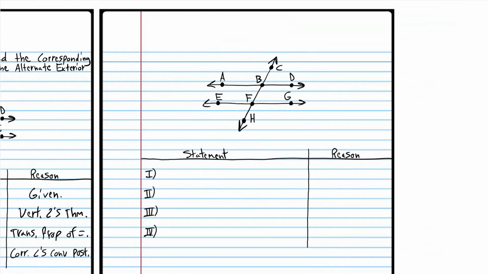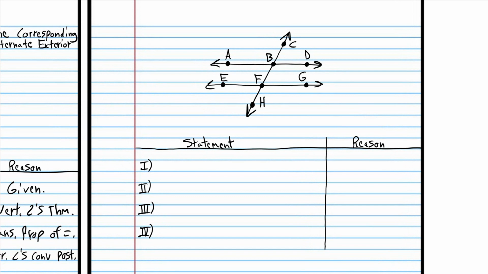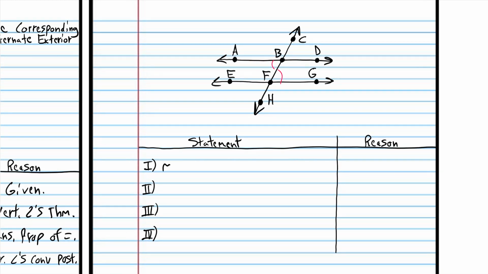So again, I'm going to get you started with the given information. So I'm just going to use this one pair. So we're assuming that the measure of angle ABF is equal to the measure of angle BFG.